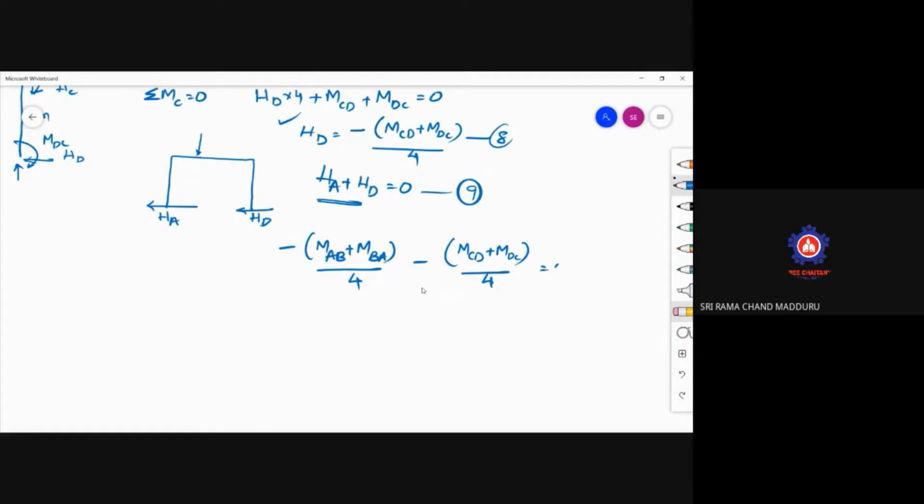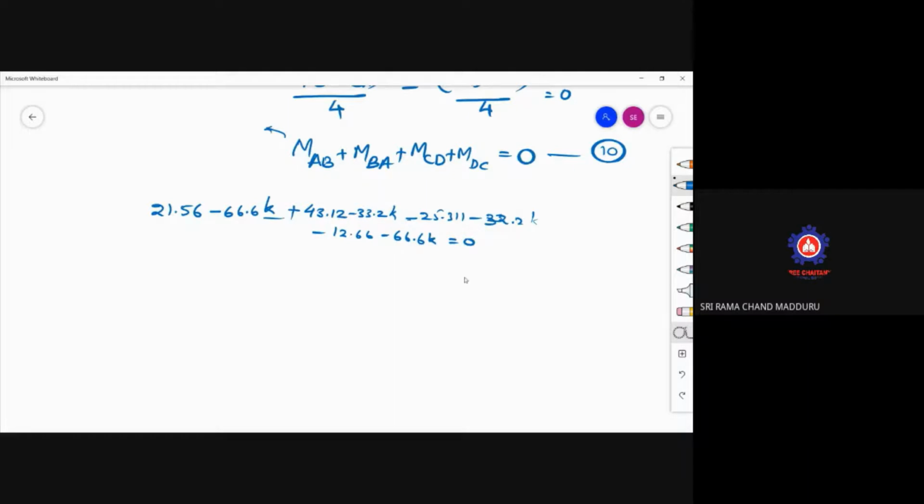Here minus 1 by 4 can be taken as common, and if it is sent to the right side, then it will be 4 into 0, 0 only. MAB plus MBA plus MCD plus MDC is equal to 0. This is equation number 10. Simplify this and tell me the value of K.